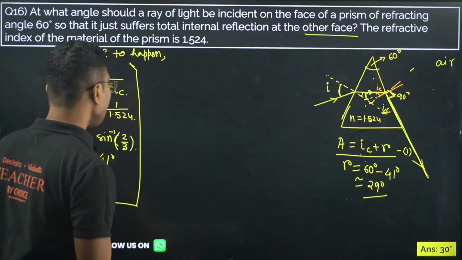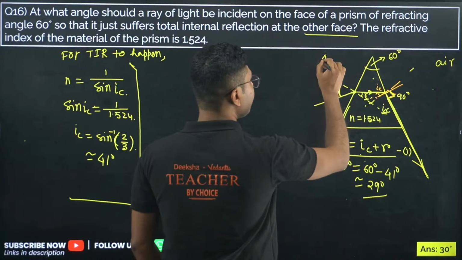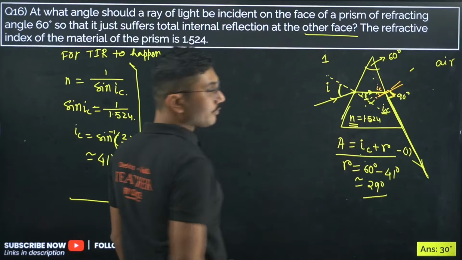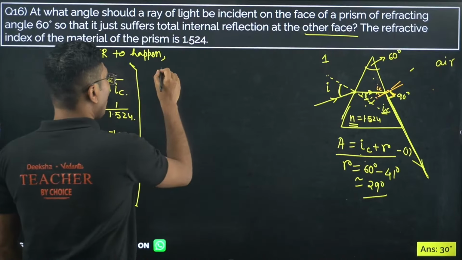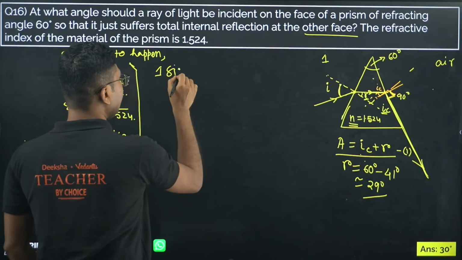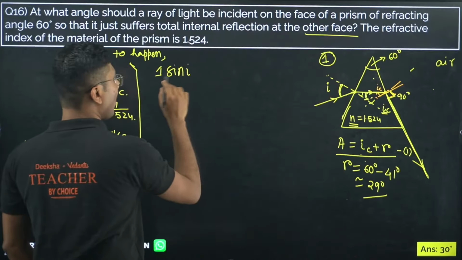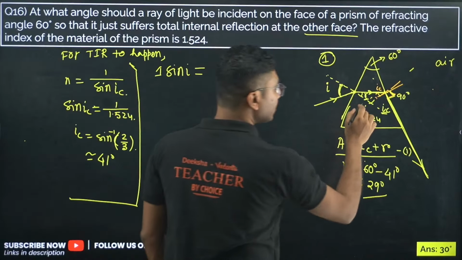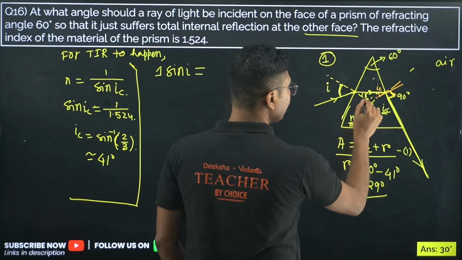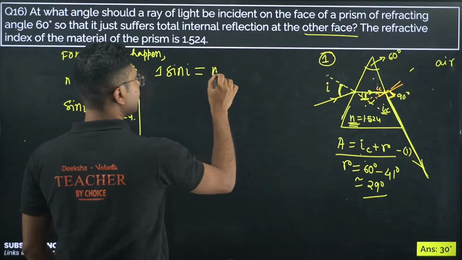Now we will use Snell's law at this point. The refractive index of this medium is 1, the refractive index of this medium is n. So 1 into sine I, because I is in this medium, equals n into sine r. This is Snell's law.